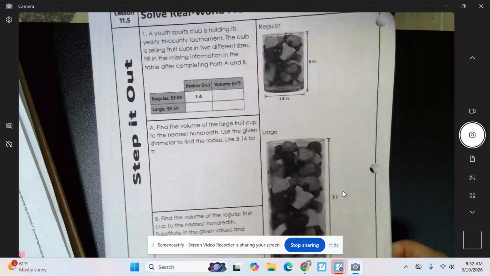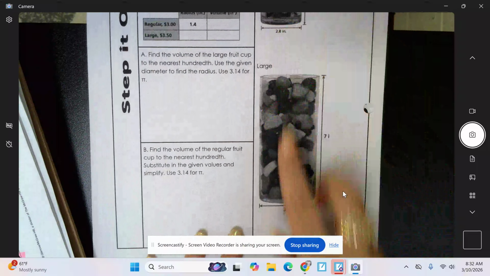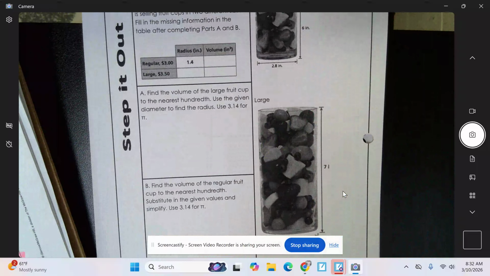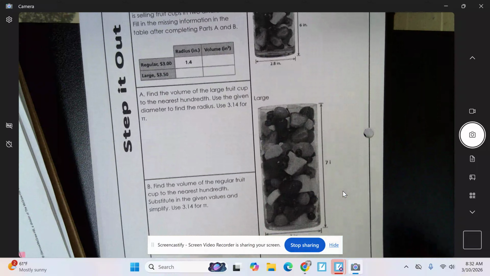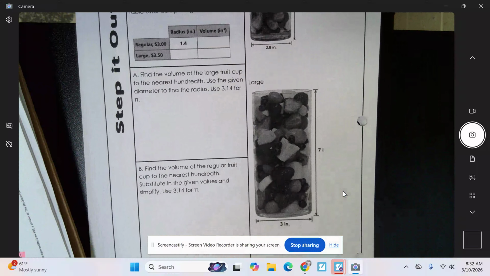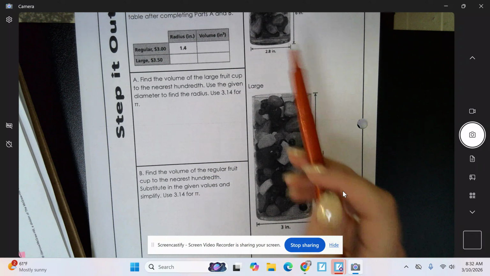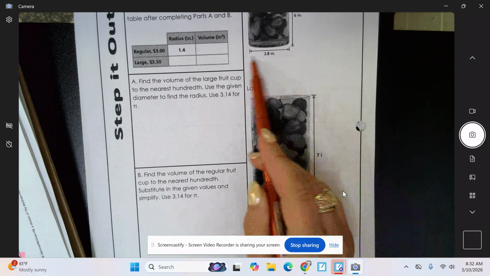You notice that both of them were given the diameter, okay? But even if we're talking about volume or surface area, what do we need? The base and the height, and the area of the base requires the formula, which is pi r squared. Do we have our r's? What does this 2.8 represent?